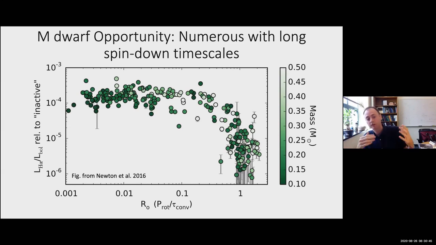M-dwarfs are great because they have these long spin-down timescales. It takes billions of years for them to spin down and go down into this unsaturated regime, which means you can grab all the nearby ones, the bright ones, and throw them on a plot like this and really investigate them in detail. Whereas for the FGK stars, you have to go to clusters. They're further away. They're fainter. So M-dwarfs provide a really nice opportunity to investigate this.